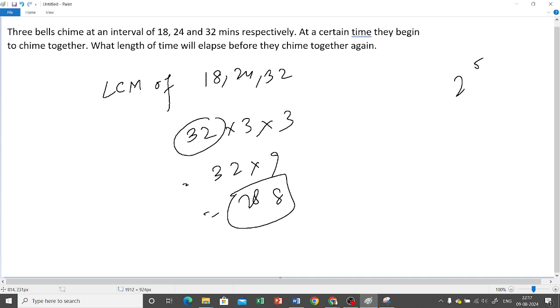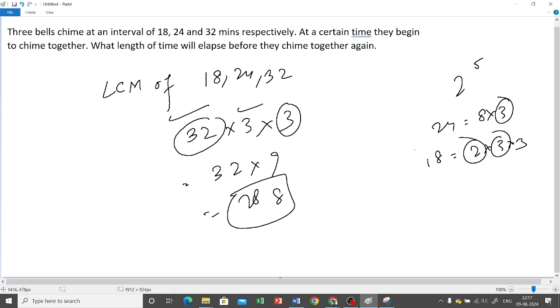There is only one 3 present in 24, it is 8 into 3. In 18 it is 9 into 2, that means 2 into 3 into 3, so there are two 3s present. That is why one extra 3 is taken. The 2s and one 3 are already included over here, and this extra 3 is needed.